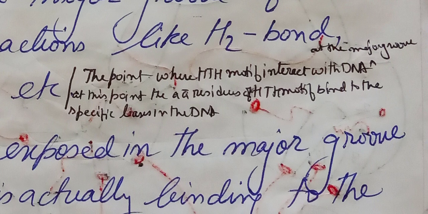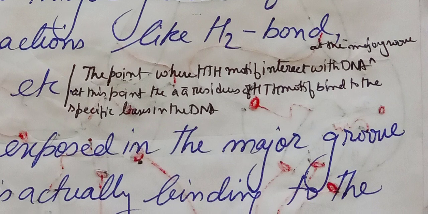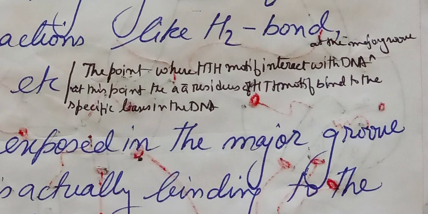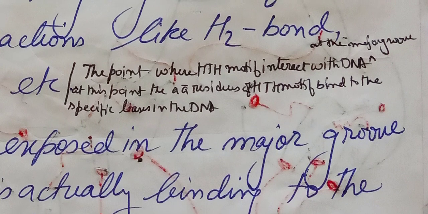Again I repeat, the point where your helix turn helix motif interacts at the major groove of DNA, at this point, the specific amino acid residues in the helix turn helix motif are able to bind to the specific bases in the DNA to carry out that particular function, maybe to bind, right?